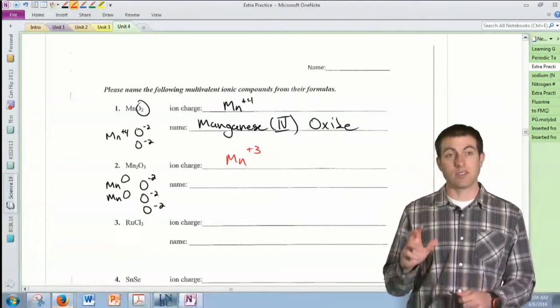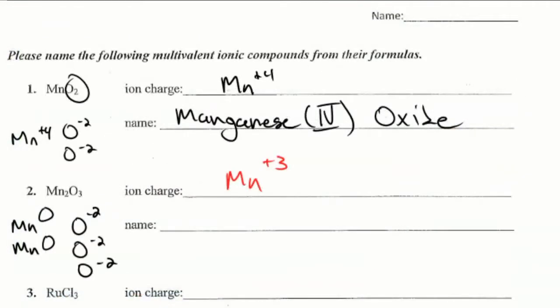The next question is the same 2 elements, which makes it a little bit trickier. Oxygen's always -2, and it indicates that I have 3 of them. So I write down 3 oxygens. Together I have a charge of -6. Manganese needs to balance out that charge of -6, and I know I have 2 of them. So these must be +3 and +3.